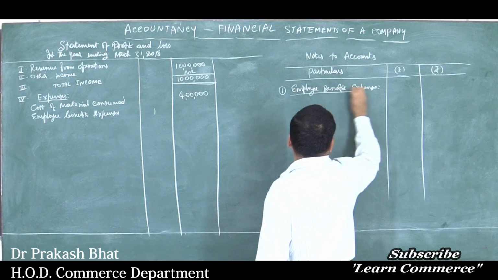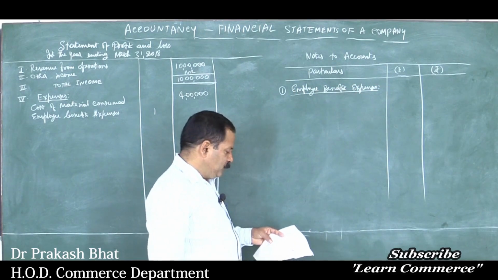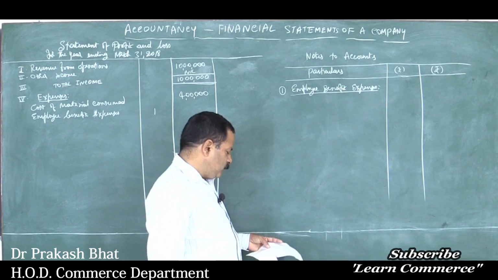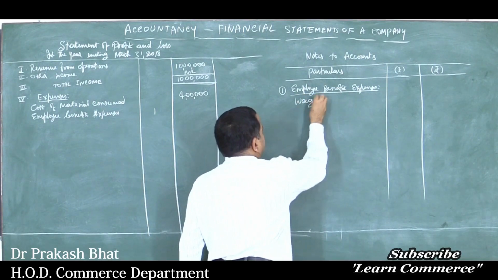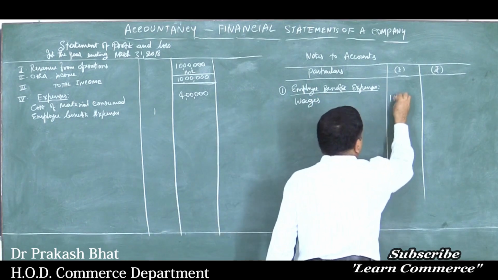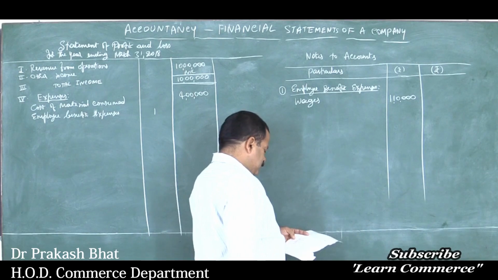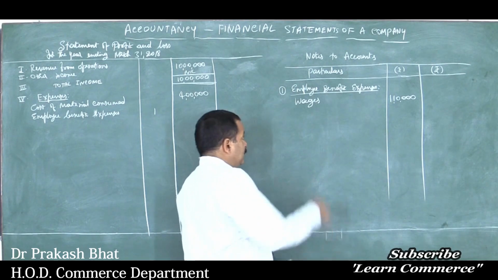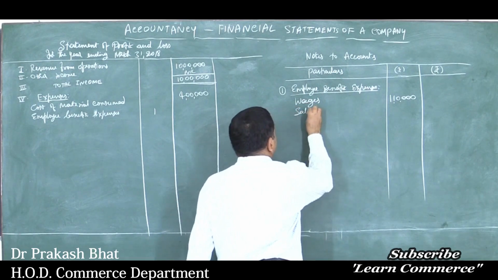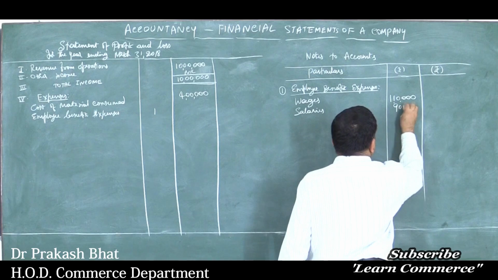Under that, write one by one. Wages 1,10,000, then salary 90,000.